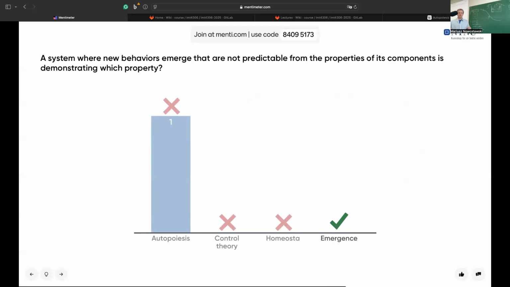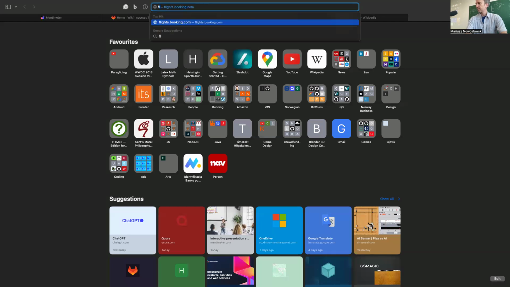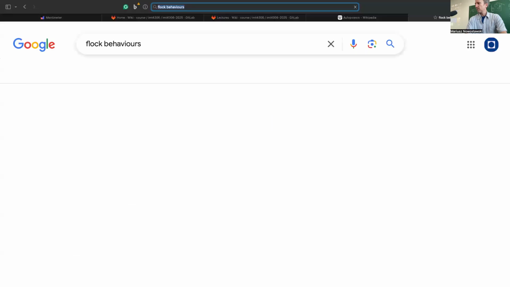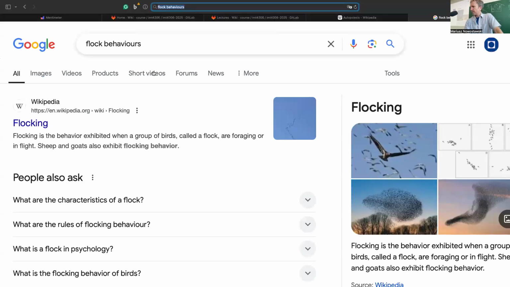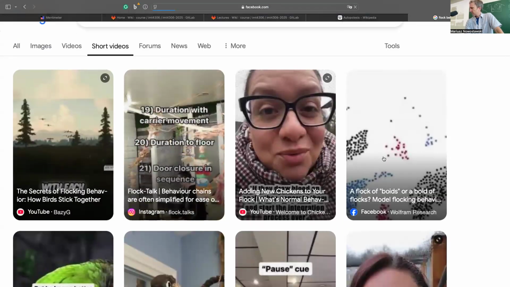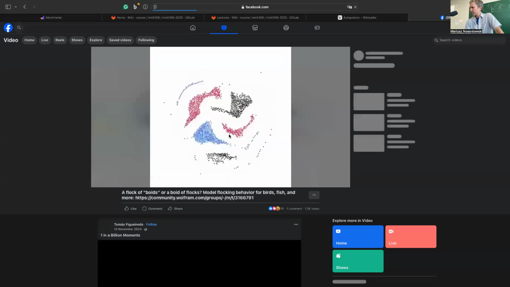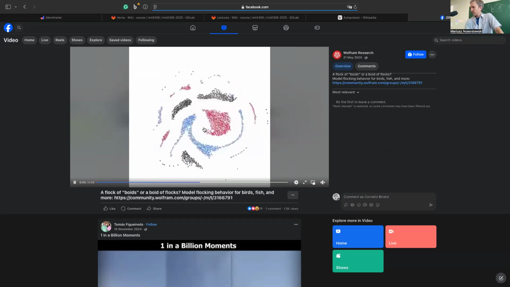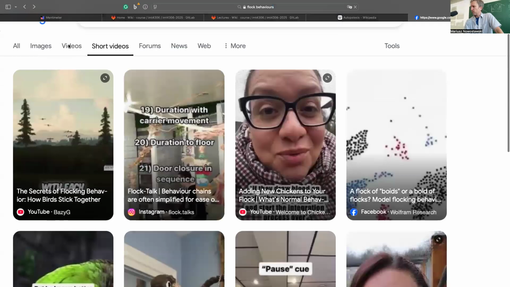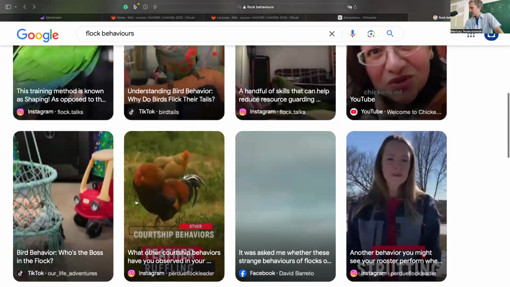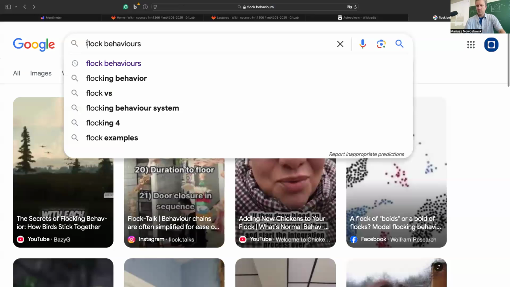One example of emergence is flocking behavior. So we have boids. Each dot has very simple rules, but when you observe them, you have, let's say, birds.